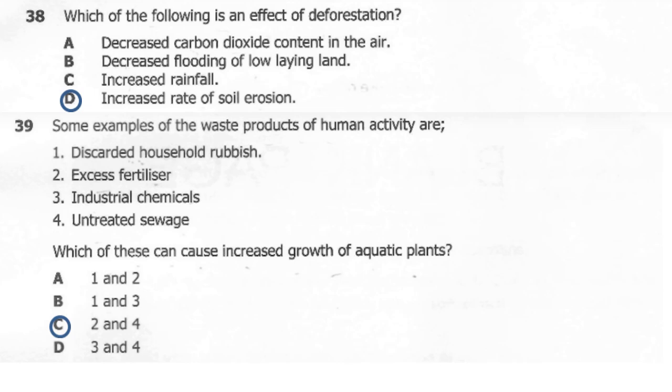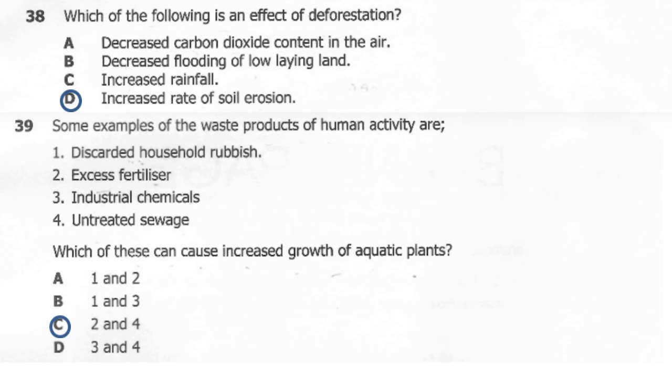And sewage also acts as manure, and hence the aquatic plants will have manure to grow. So our answer is C, 2 and 4.